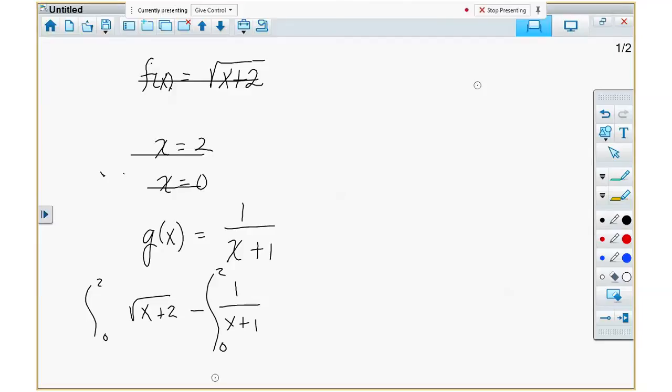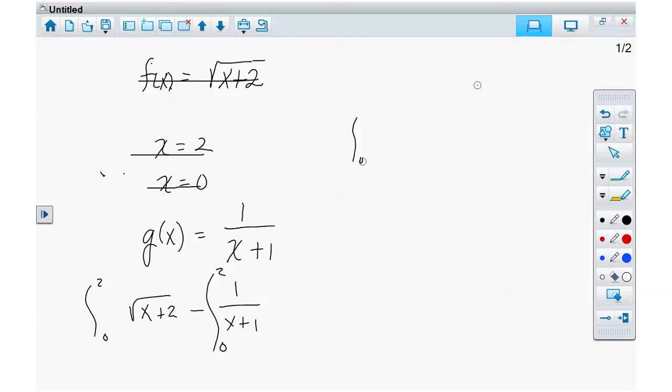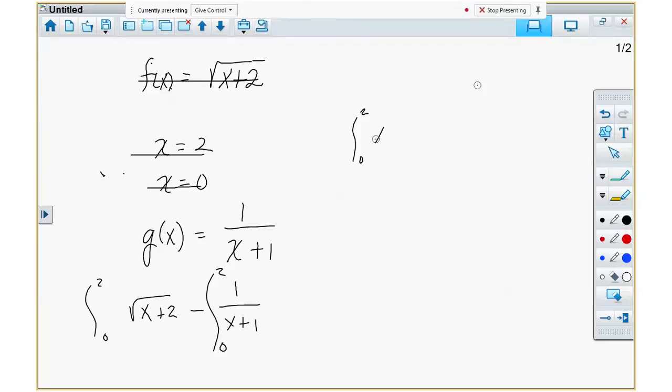So I'm going to change this to the antiderivative from 0 to 2 of x plus 2 to the what? 1/2 dx. And then minus the antiderivative from 0 to 2 of x plus 1 to the negative 1 dx.